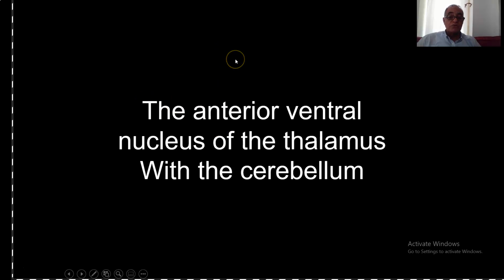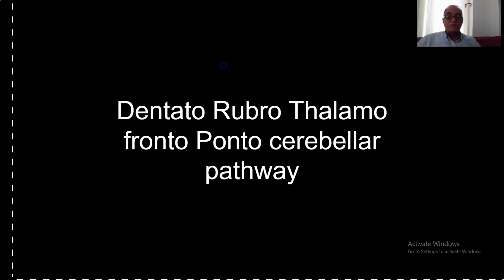The second important nucleus of the thalamus is the anterior ventral nucleus of the thalamus, which is involved with the cerebellum. You should remember by heart this connection: dentato, rubro, thalamo, fronto, ponto, cerebellar pathway. It's very important to learn it by heart, and you'll see the details later.